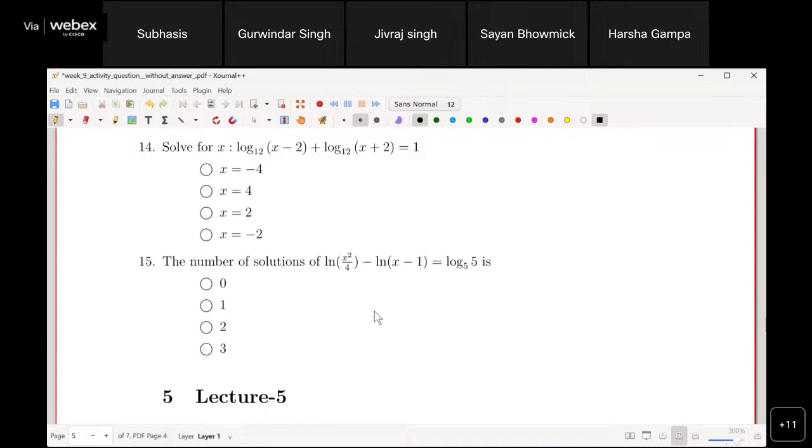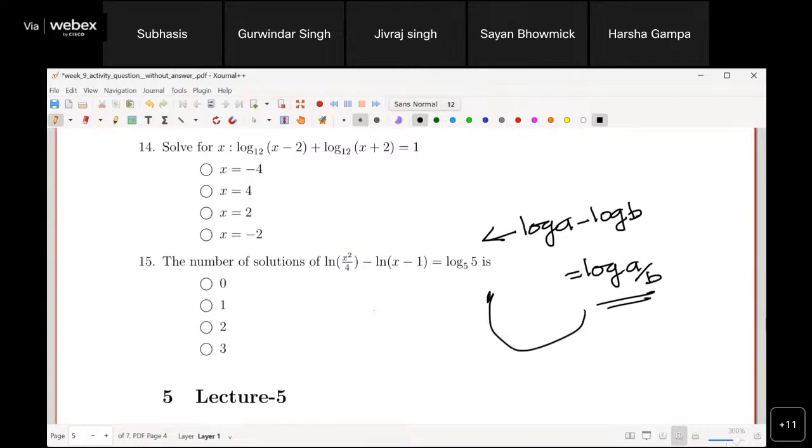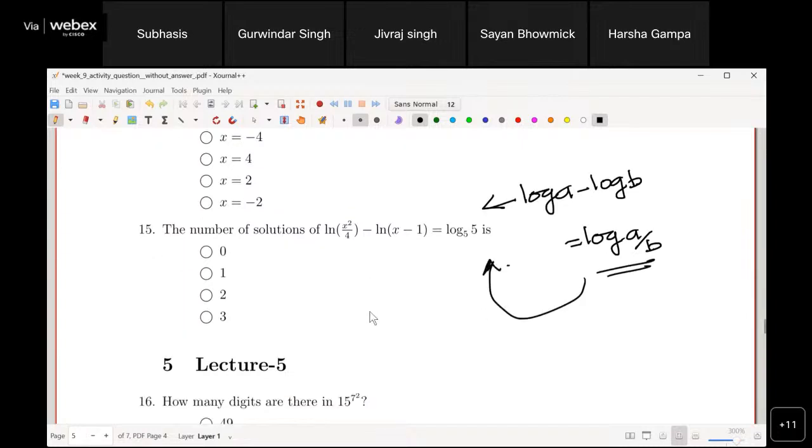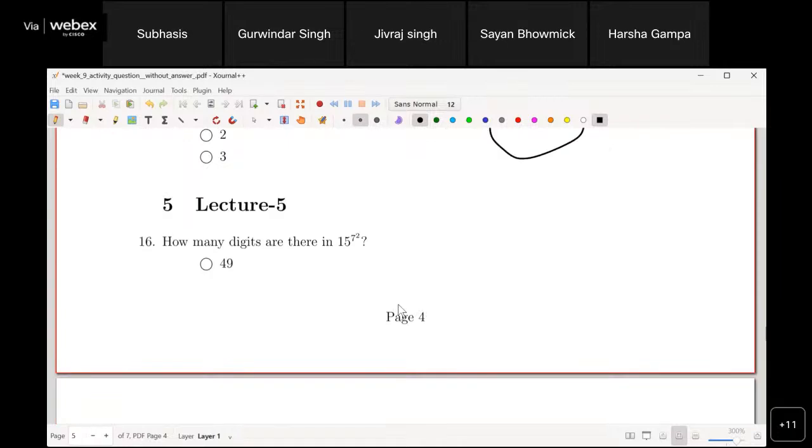Basically you need to apply this rule, log A minus log B, which is log A by B. This will give you the solution. You should try this. We solved it yesterday.